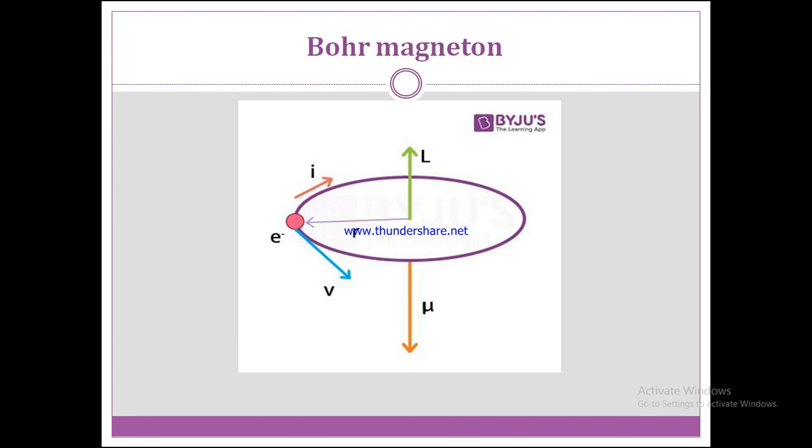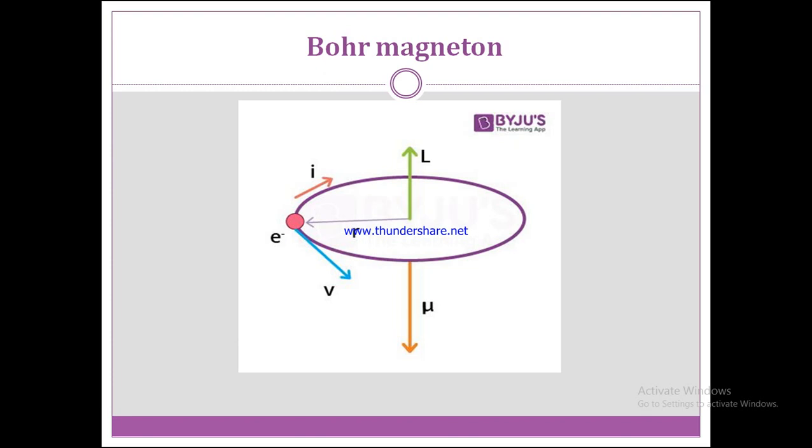The electrons move with a stationary velocity indicated by small v, and when the electron breaks out of its orbit and moves towards other electrons, the flow of conduction is indicated by small i, that is nothing but the current introduced by the electron. Now mu is nothing but the permeability.